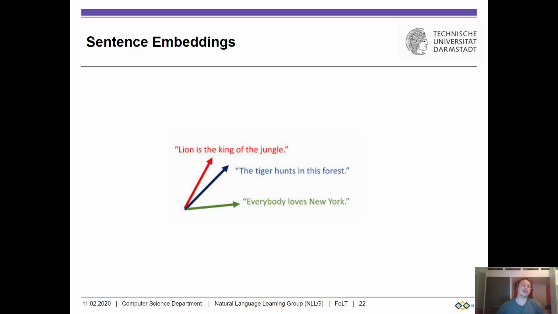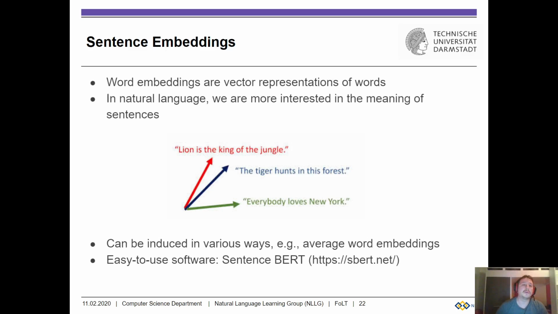Another important aspect is that we are not so much interested in vector representations of words from a linguistic point of view, because intuitively, when we're doing natural language processing or linguistics, we're interested in larger objects, such as the meaning of whole sentences.